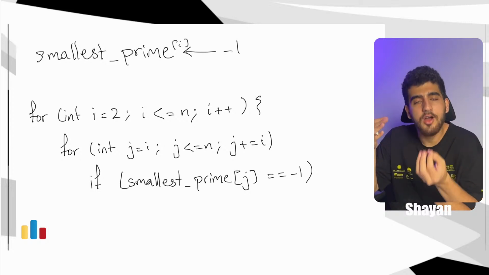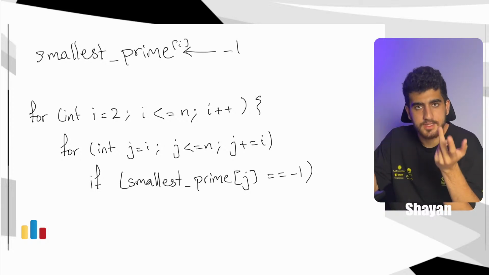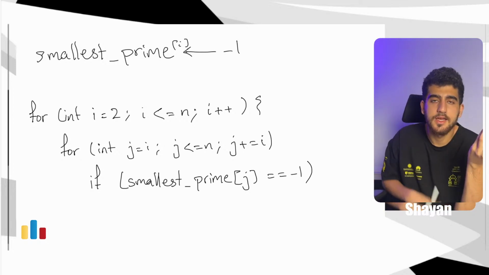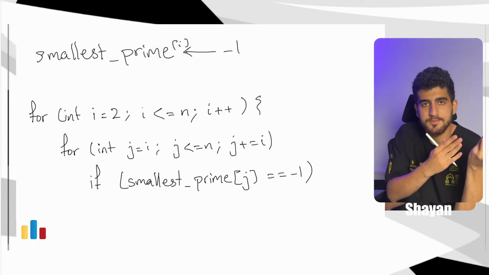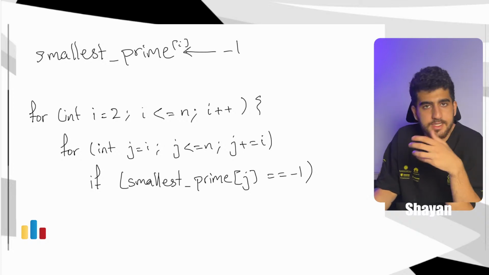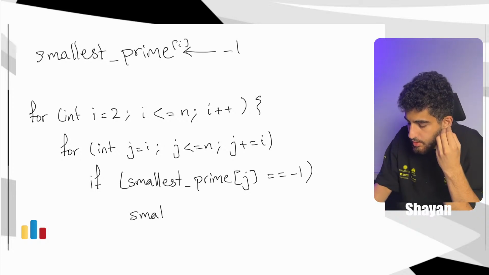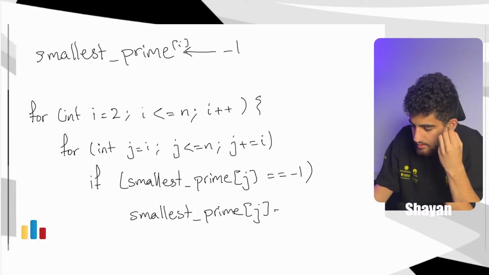So definitely i is a prime number itself when this happens. Because otherwise, if i itself had some divisors, they would have divided j as well. But j hasn't been divided by anything so far. So I can easily say that the smallest prime factor of j in this case is equal to i.